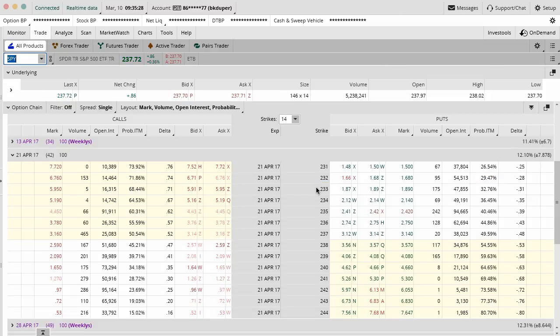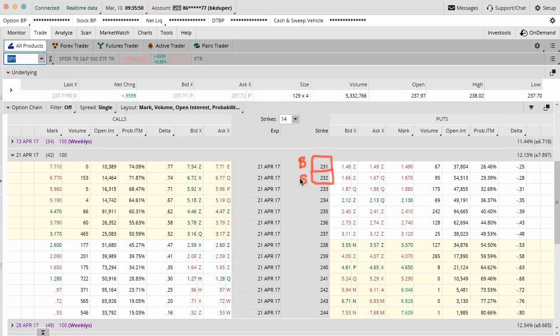Now remember, a put credit spread or a bull put spread is a combination of a selling order and a buying order of an option that's a couple strikes below where your initial sell is. So in this case, we could sell the 232 put options, and then buy the 231 put options.